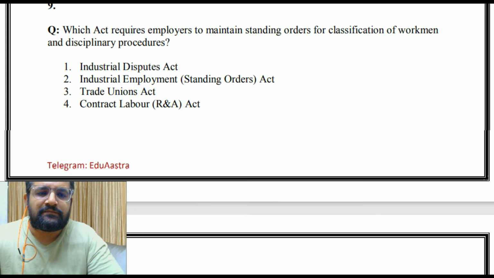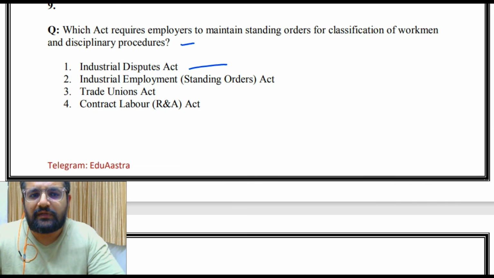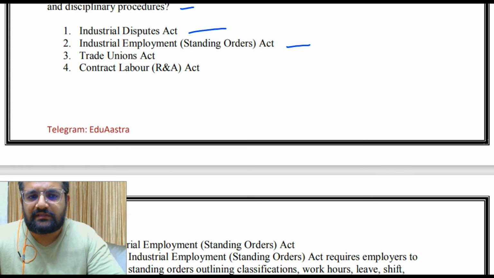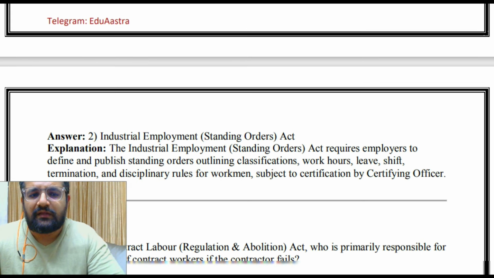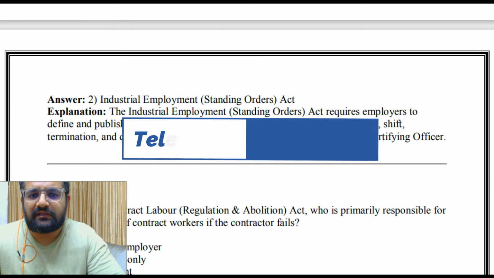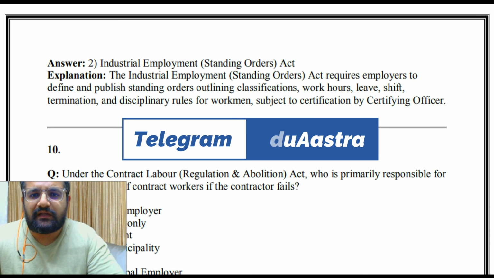8.33%. Which act requires employer to maintain standing orders for classification of workmen and disciplinary procedures? Industrial Dispute Act, Industrial Employment Standing Orders Act, Trade Unions Act, or Contract Labor Act? So answer is Industrial Employment Standing Orders Act.